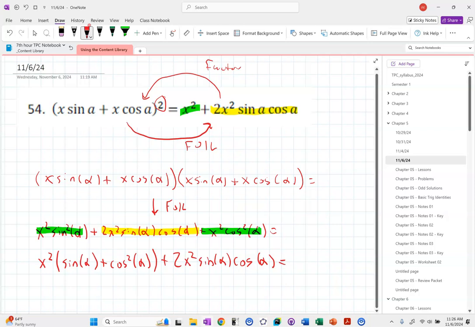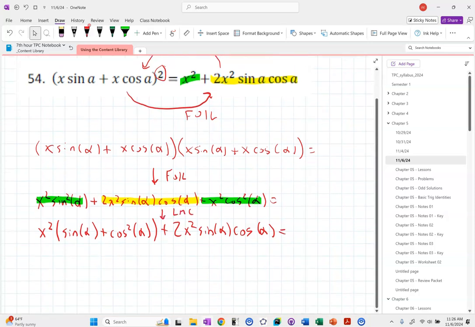And wait a tick. Sine squared plus cosine squared, I recognize that. That's just 1. So 1 times x squared, that's just x squared. And howdy doody, look at that, I'm at the finish.